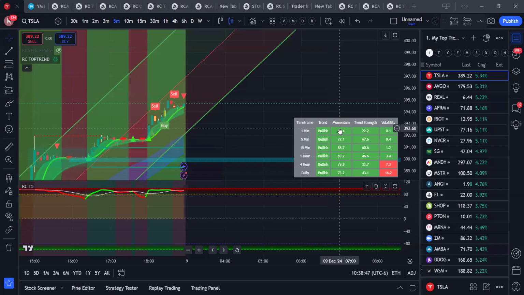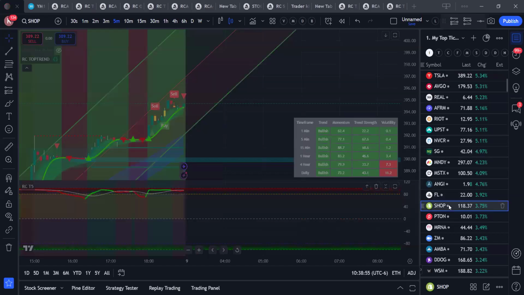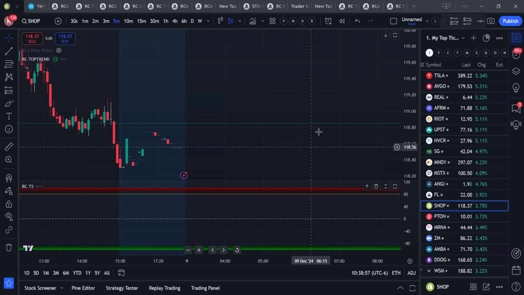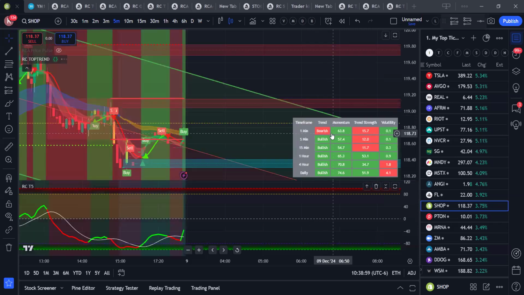So when you have everything green, right? This is green, this is green, this is green for this one and also for ZS. But you compare where the strength is. For example, this is green, this is green, but here the strength is very less, right?